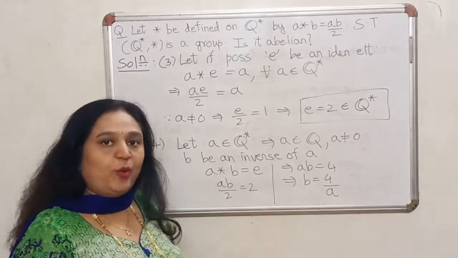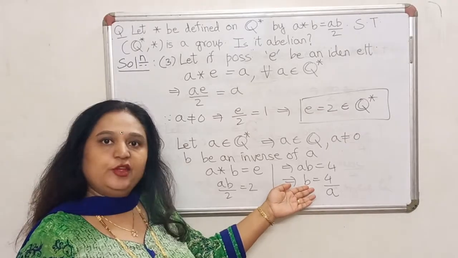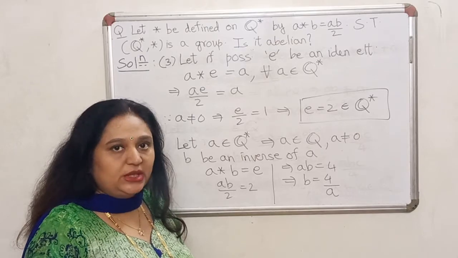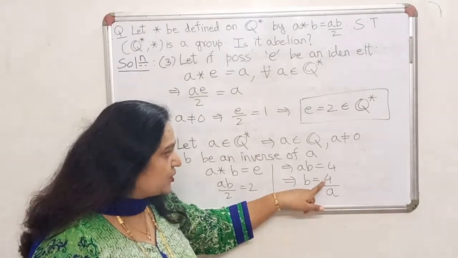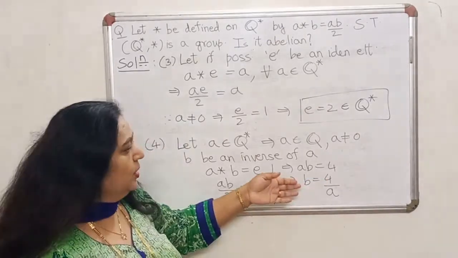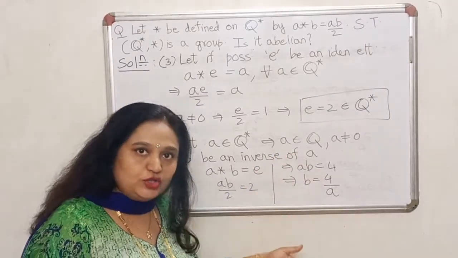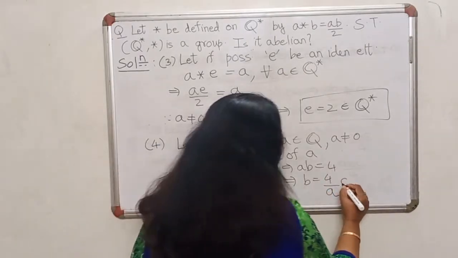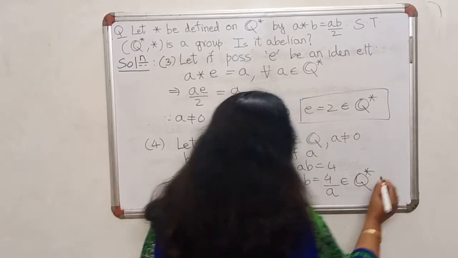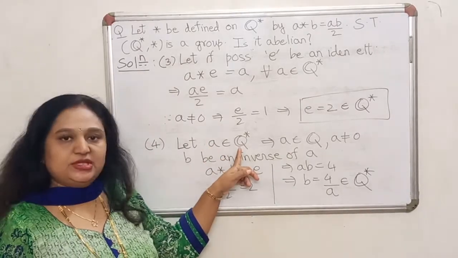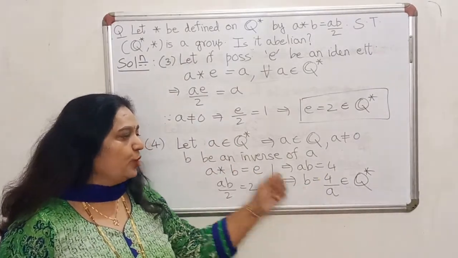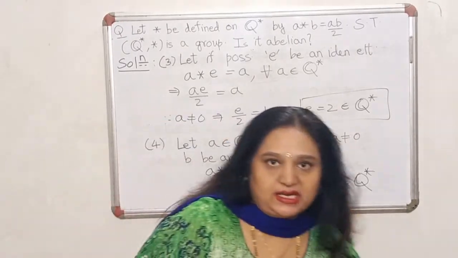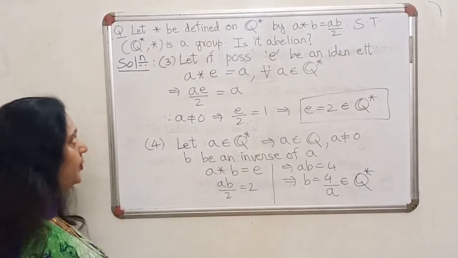This would be the inverse provided this also is an element of Q star. You have to make sure that the inverse also comes from the same set. 4 is a rational number, A is a rational number. So 4 divided by A is also going to be a rational number, and it is not 0. So for an element A in Q star, 4 upon A is going to be its inverse. So since all 4 properties are satisfied, this now becomes a group.